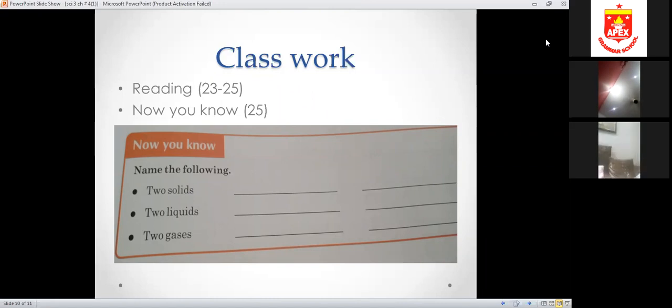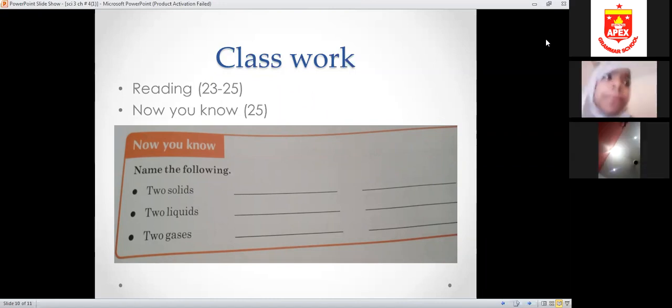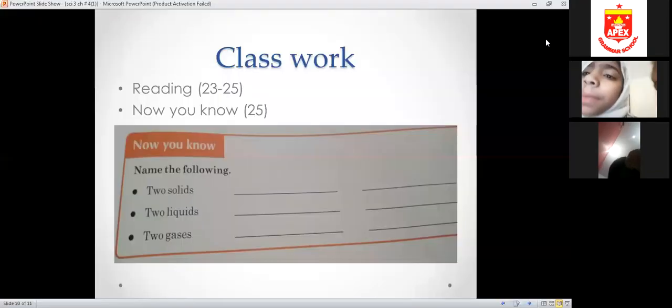Yes, Shajiha. Teacher, I don't have my book. My book is at my home, I have come to my grandmother's house. Okay, Shajiha. So moving forward to Khatija, unmute yourself.